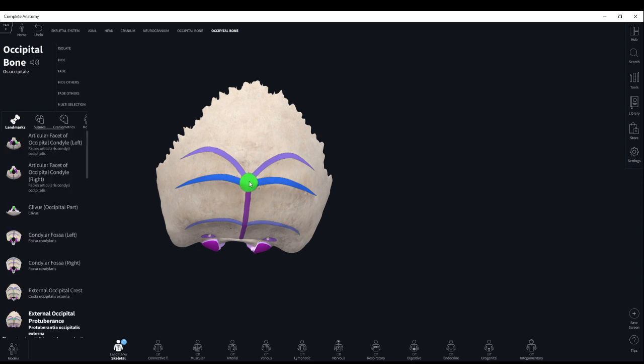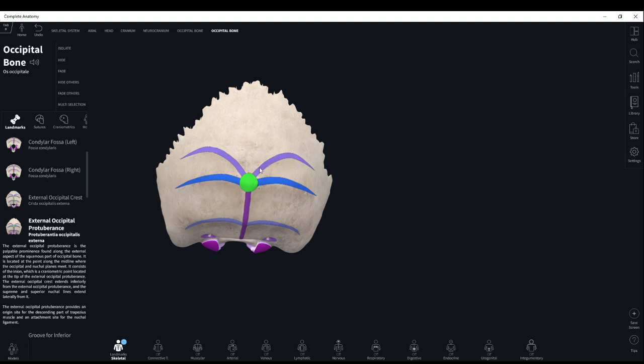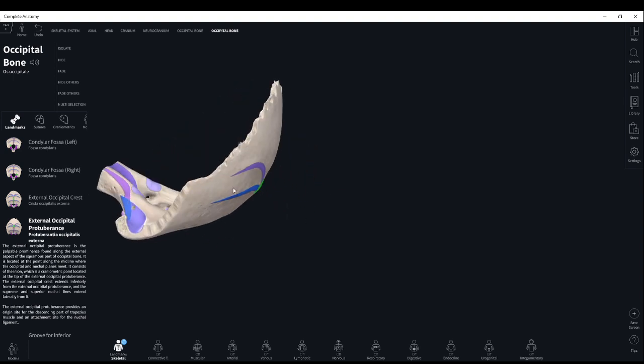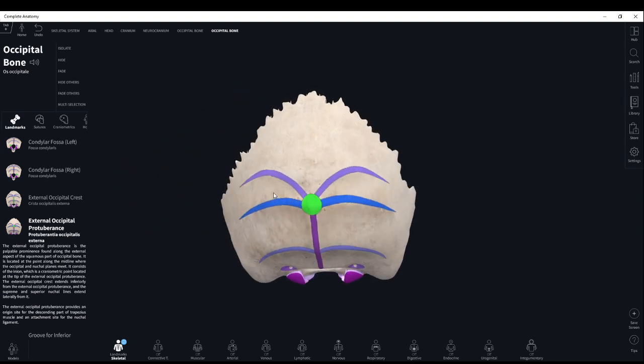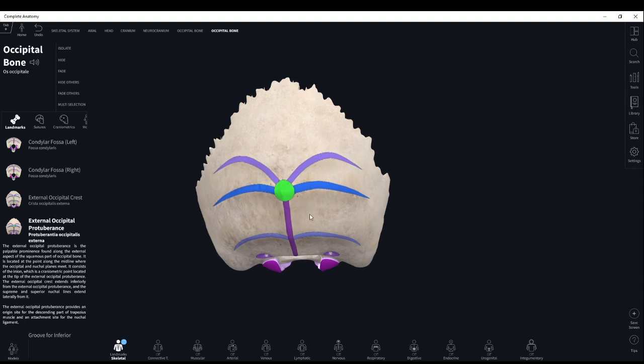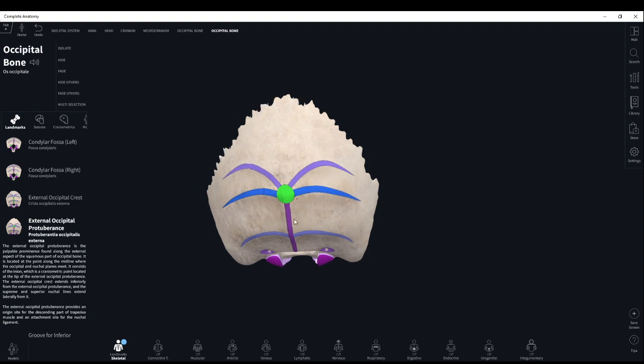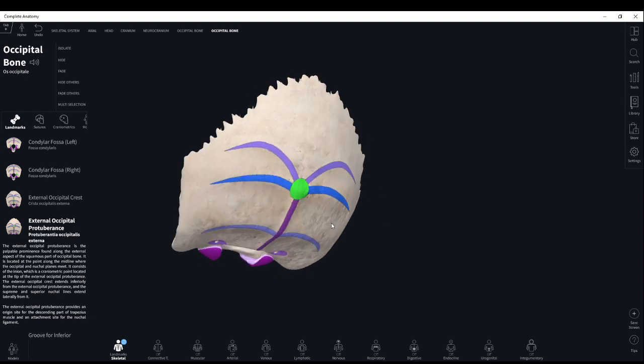On the midline of all of them we have the most prominent part of this surface, called the external occipital protuberance, protuberantia occipitalis externa, also called the inion, a craniometric point.